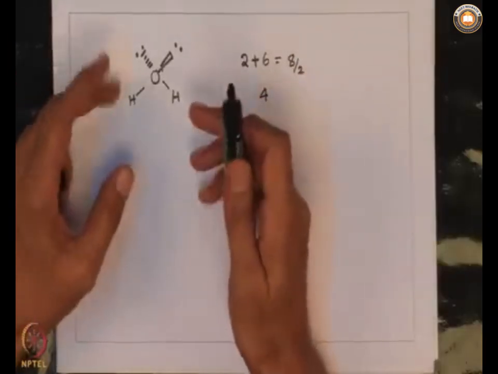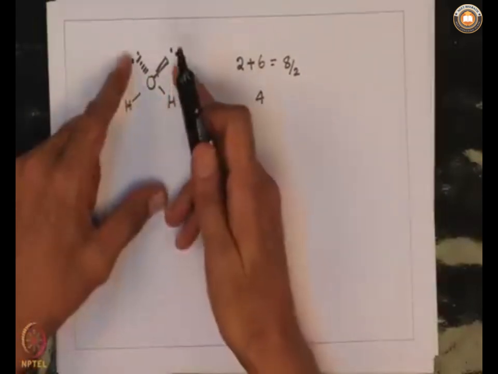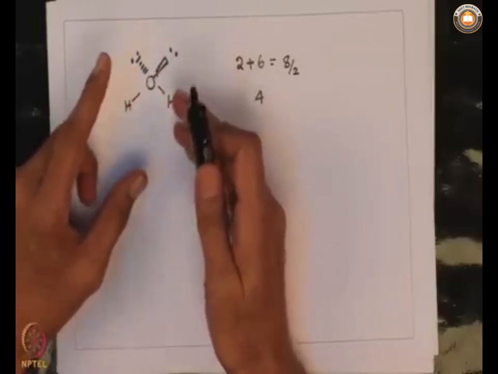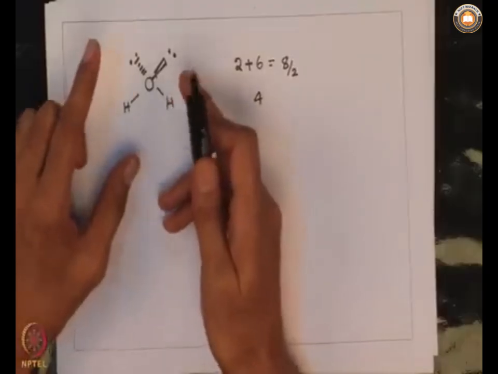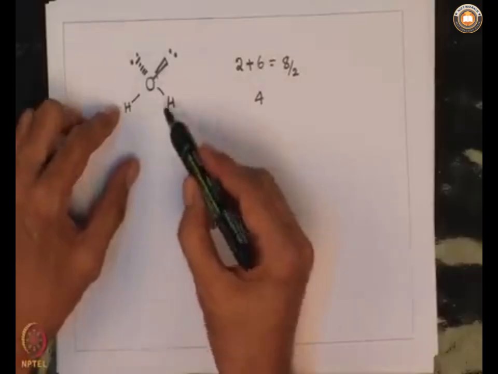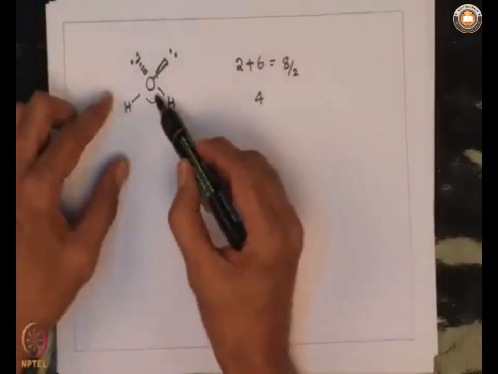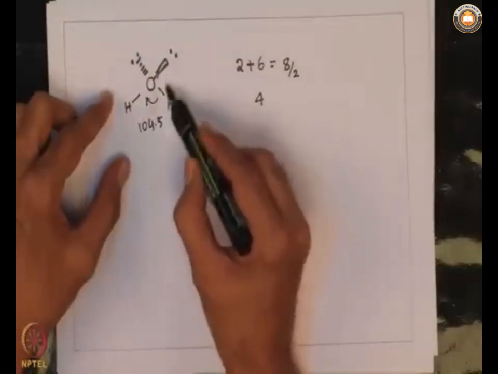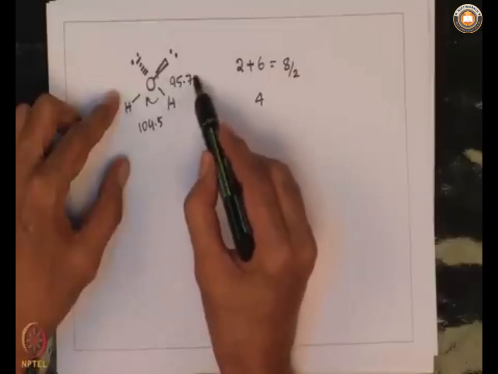If we exclude these lone pairs, the shape will be V. Because these 2 lone pairs occupy 2 corners of the tetrahedral geometry, it appears like a bent molecule with V shape. The angle will be 104.5 and the OH bond distance is 95.7 picometer.